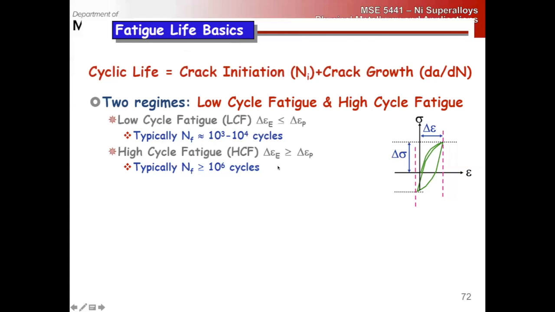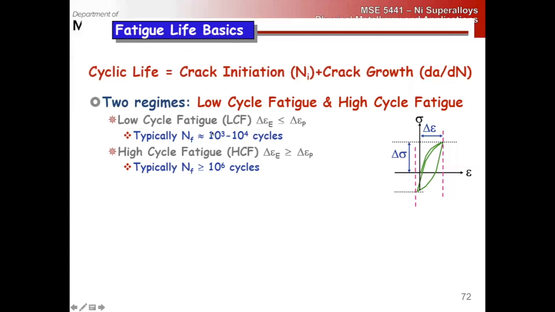High cycle fatigue is completely in the elastic regime, so the elastic strains are much, much larger than the plastic strains. When we say completely in the elastic regime, of course that means macroscopically. Locally, there can still be stress concentrations. Local yield happens well before macroscopic yield, so always keep that in mind.